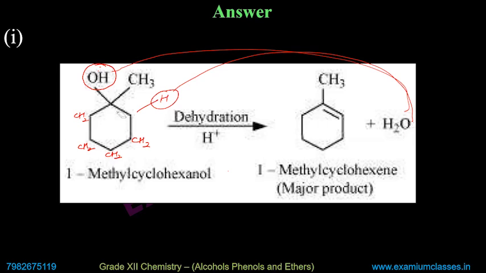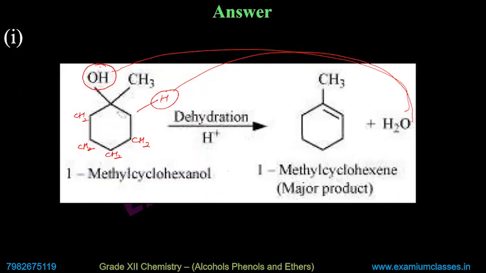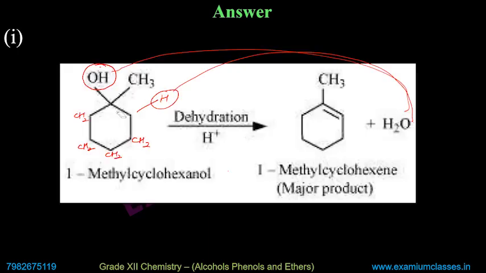Keep writing all these reactions. Second one, the major product of acid catalyzed dehydration of butan-1-ol. So again, dehydration, OH goes and H goes. Now, this question is very important and appears very frequently.